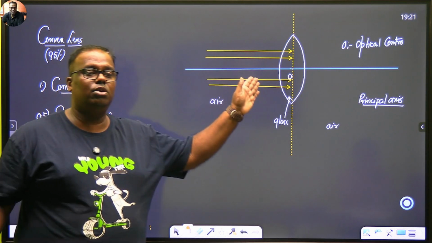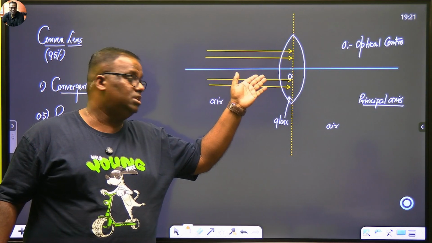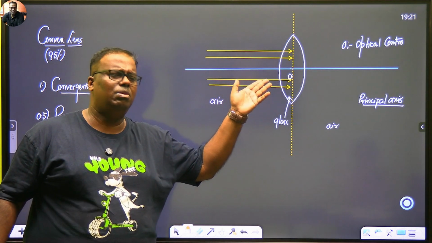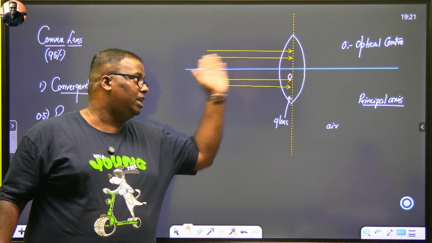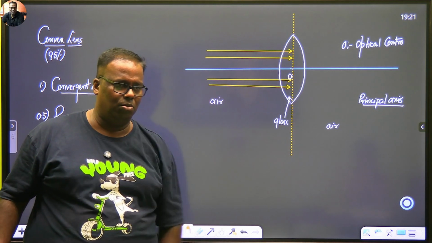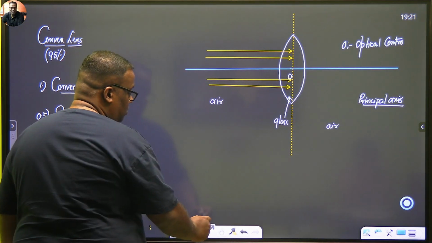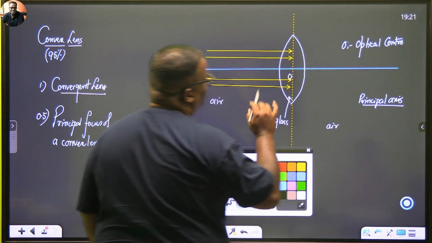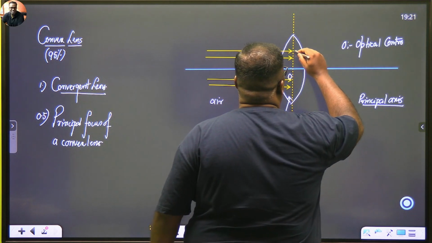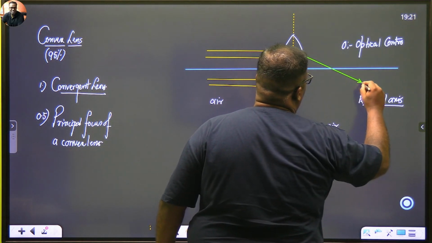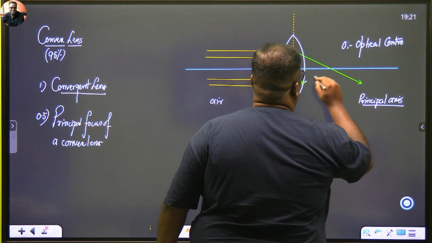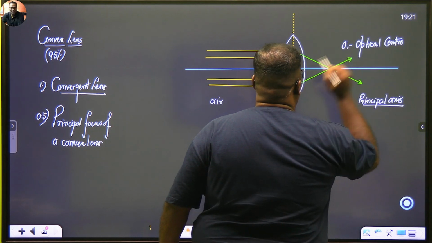These rays will undergo refraction. Refraction means these rays will bend. And how is the bending? Going from rarer to denser, they will always bend towards the normal. Now this bending has been observed to be very unique. I will change my colors so that you can understand properly. You will find that all these rays, when they come out, converge at one point.